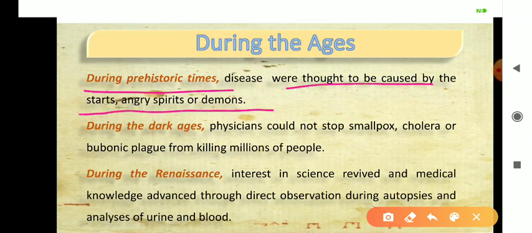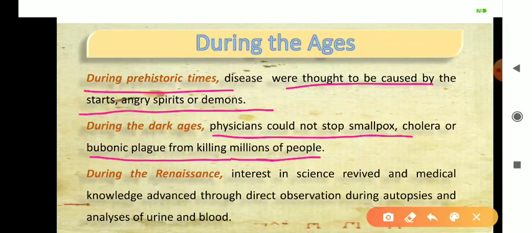Then in the Dark Ages, the physician could not stop smallpox, cholera, or the bubonic plague from killing millions of people. These are all disease names, and these things were taking place at that time.